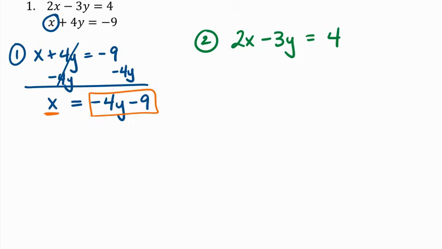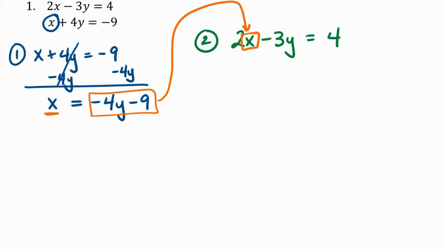I'm going to go back to this. Remember I said x equals something, right? So in this equation, I'm going to take that something and plug it in for x. Because this says x equals, I'm plugging this in for x. Everything else stays the same.